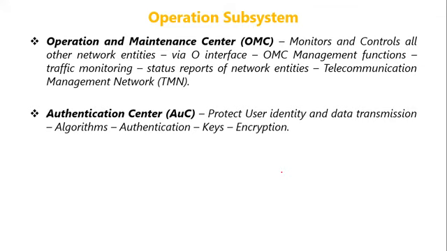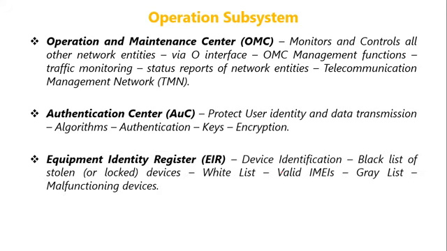In the HLR also it should be protected, because you cannot allow everybody to access the authentication center, otherwise the authentication information of the user will be lost. So it is stored in a special protected area of the HLR. So that is about the authentication center. The next thing the operation subsystem includes is the Equipment Identity Register.